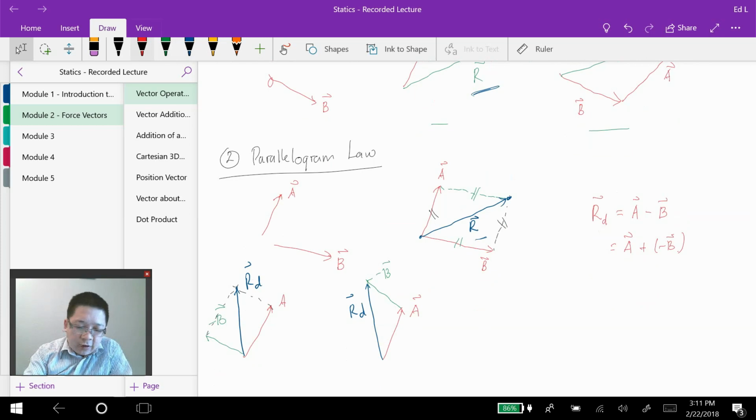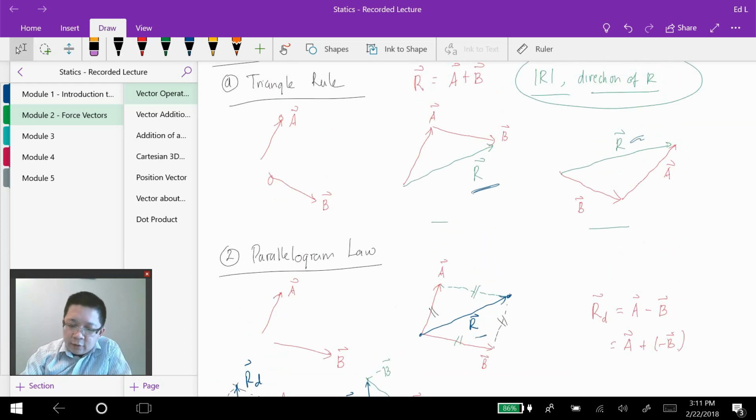As you can see, these constructions, either using the triangle rule or the parallelogram law, form some sort of triangle that we can use to calculate the magnitude and direction of the resultant vector. So if I'm looking at the triangle rule, the triangle that I form here is this triangle right there.